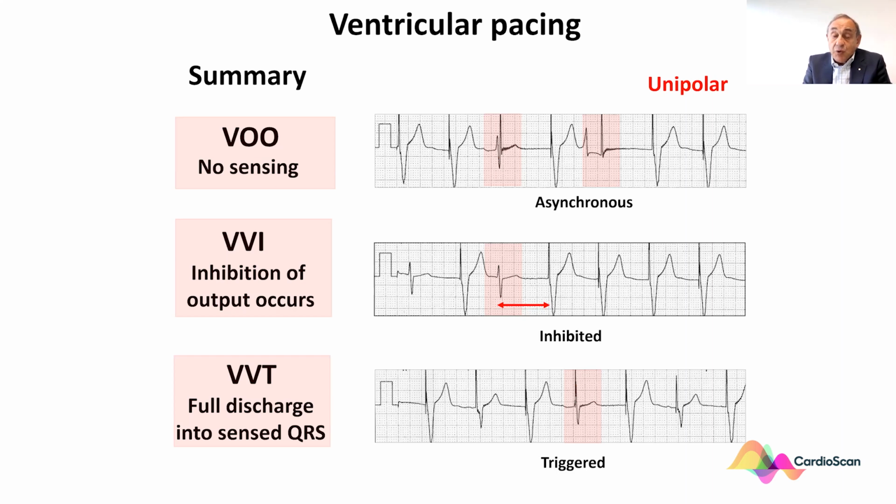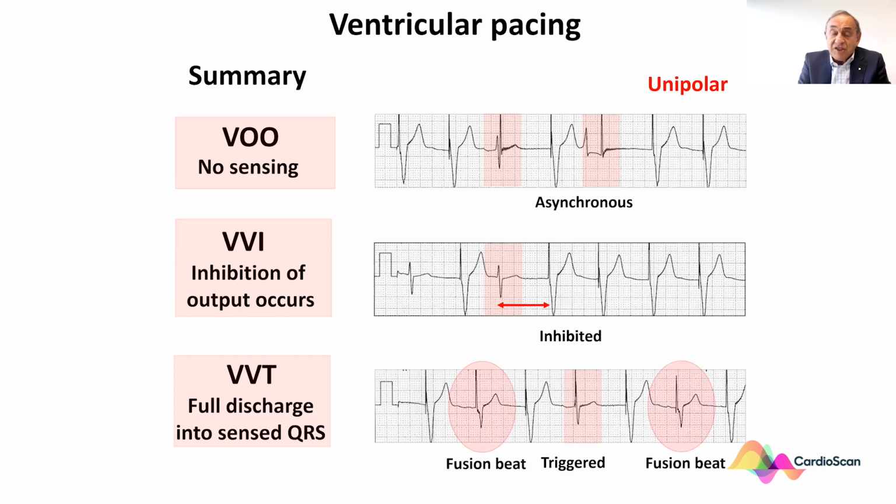As a result of that, as you can see on the third row highlighted, a QRS complex with a stimulus artifact buried within it. This means that if there is a spontaneous rhythm, it appears to be pacing at a faster heart rate. But this is not pacing. This is just sensed, and as a result of that, the energy is delivered into the QRS where it is ineffective.